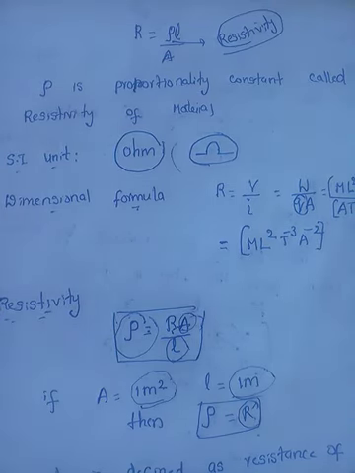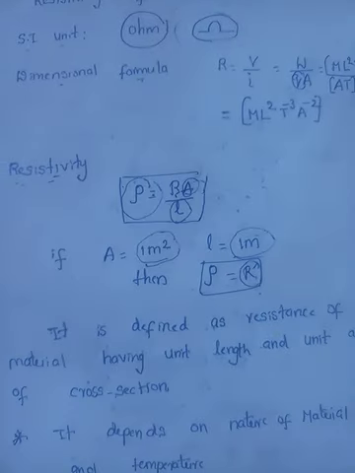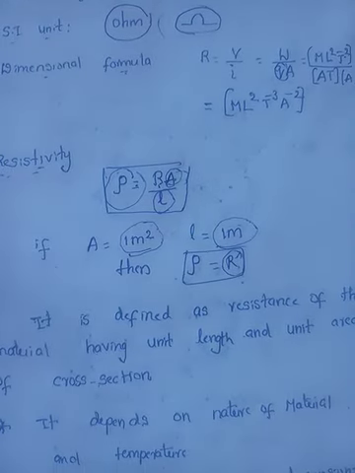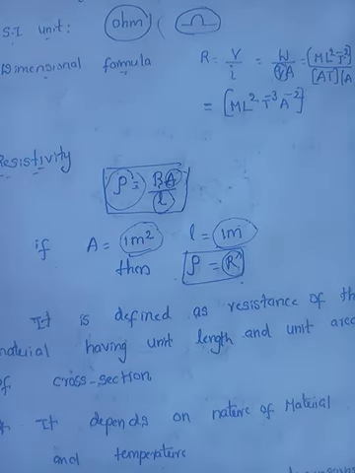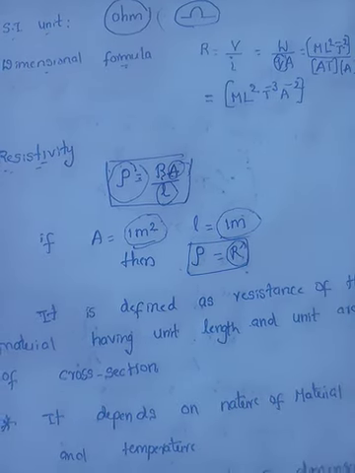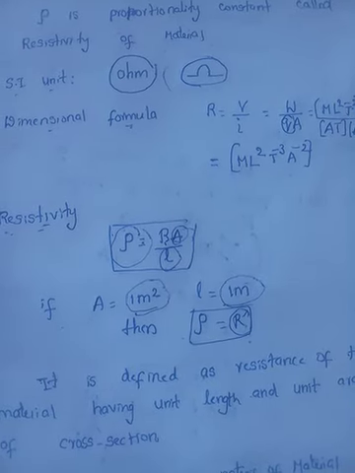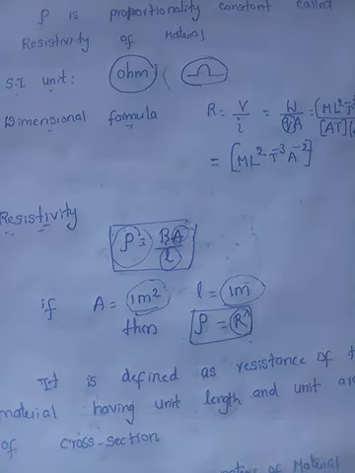What about the dimension formula? We have it. And what is resistivity? It is defined as the resistance of the material having unit length and unit area of cross section. It depends on the nature of the material and temperature and is independent of dimensions. The reciprocal of resistance is called conductance, and the reciprocal of resistivity is called conductivity. So one more definition: it is defined as the ratio of drift current density per unit electric field. So go through the concepts once clearly.